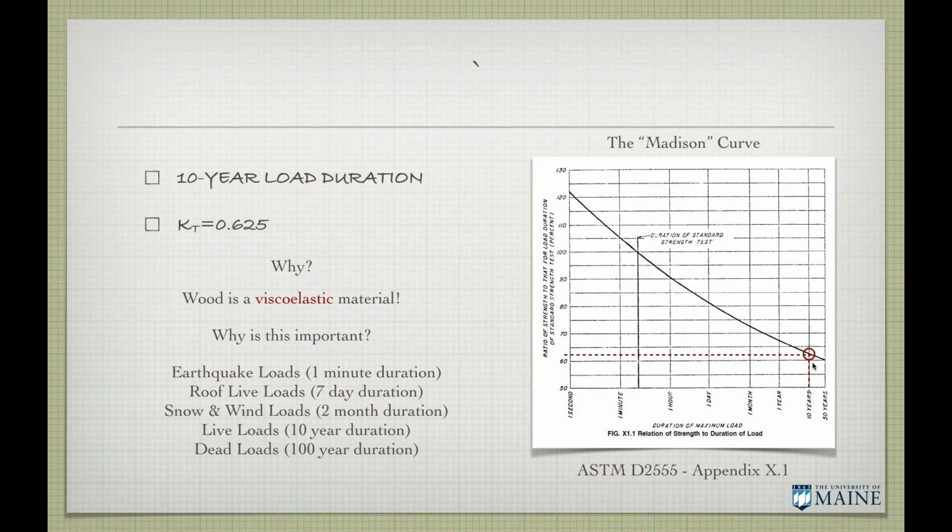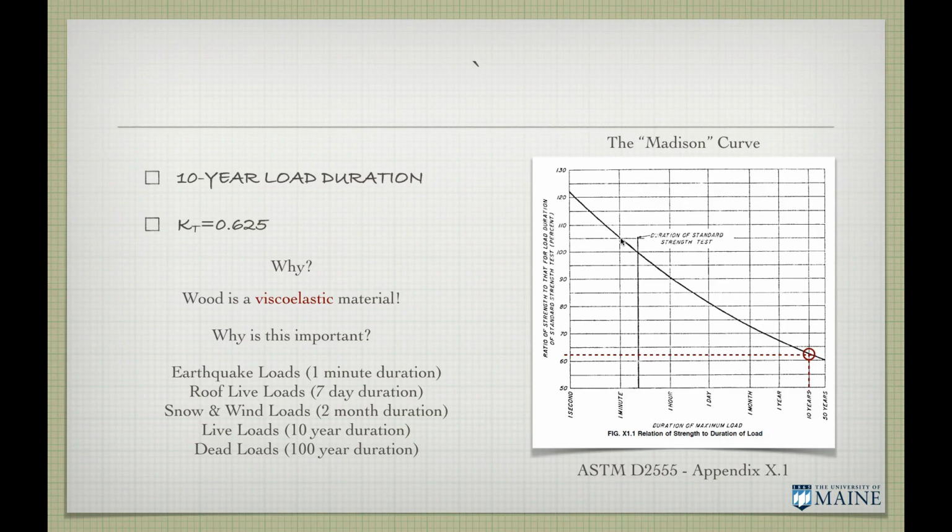So in the design guidelines, the values that you look up are for 10-year duration, but you follow the same curve. If you go to 1 minute duration, we're going from 0.625 to 1.05, which is almost a doubling of strength.